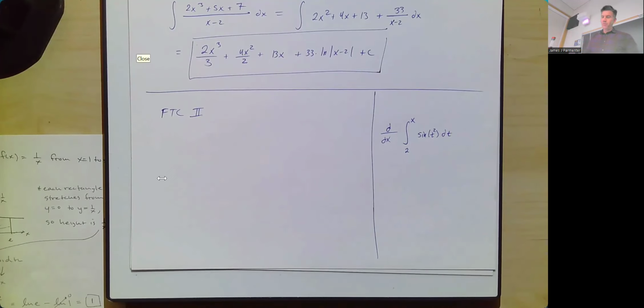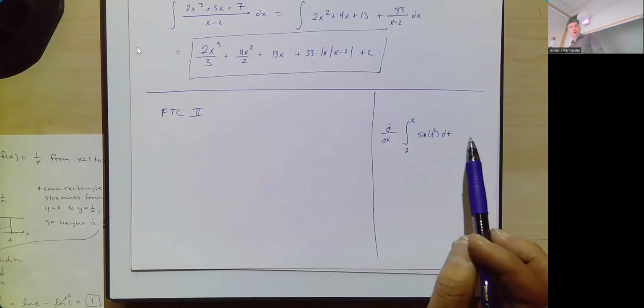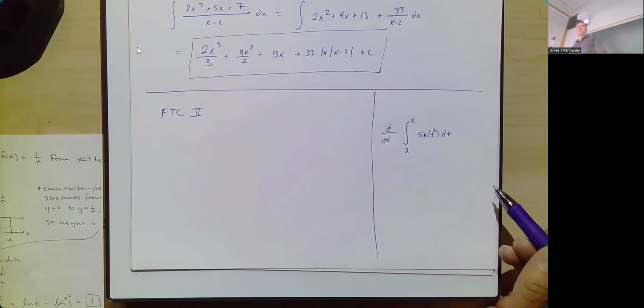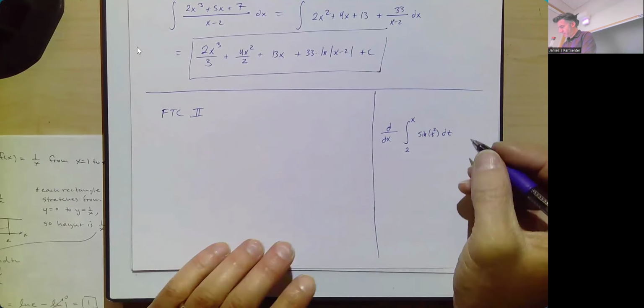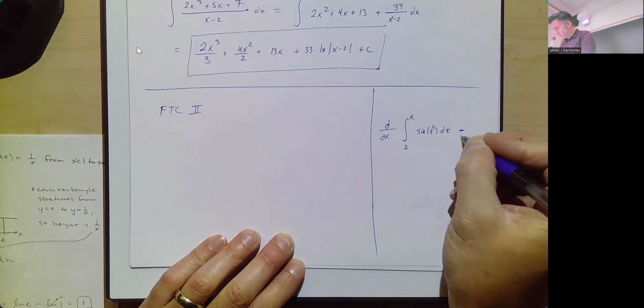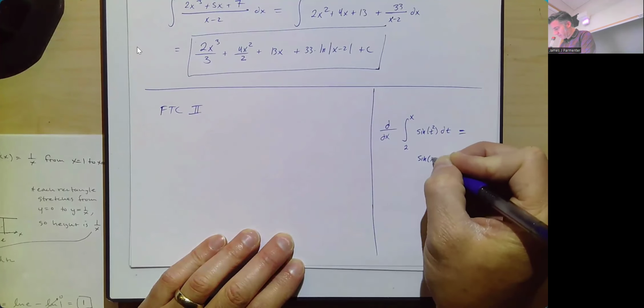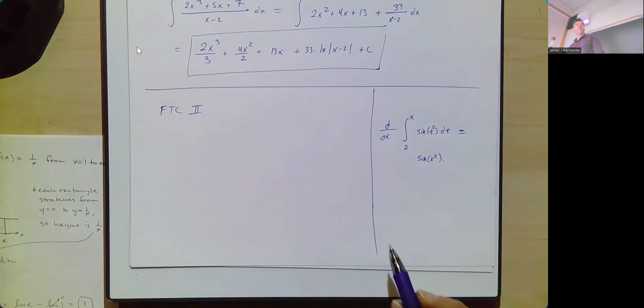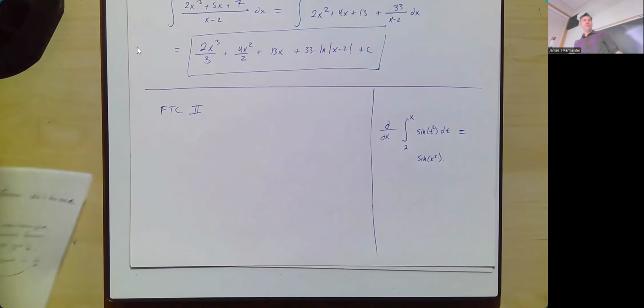If anyone sees something like this, let me know, we'll talk about it. But most of the time we just skip this one. I'll just point out this is equal to sine of x squared. Basically, it's saying the derivative of the integral just gets you back to the function you started with, which it should, because derivatives and antiderivatives undo each other. That's the whole point. That's why it's the fundamental theorem of calculus.